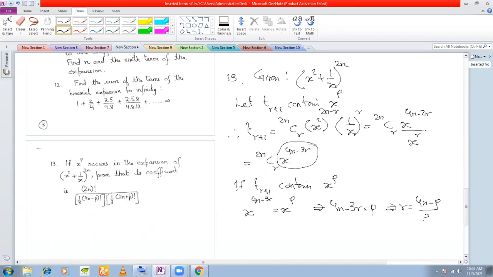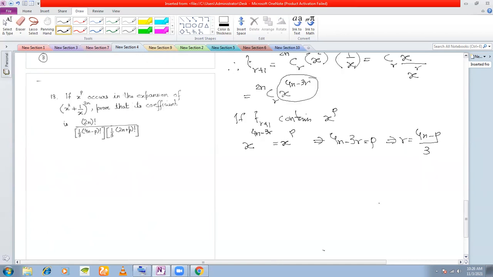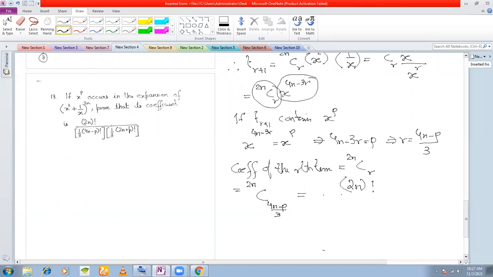So what is the coefficient of the rth term here? This is the coefficient, right? 2n cr, coefficient of the rth term, that is equal to 2n cr, which is equal to 2n c, put the value of r, 4n minus p by 3, right? Which is equal to, now you know the combination formula, 2n factorial divided by, that is ncr. What is the formula?